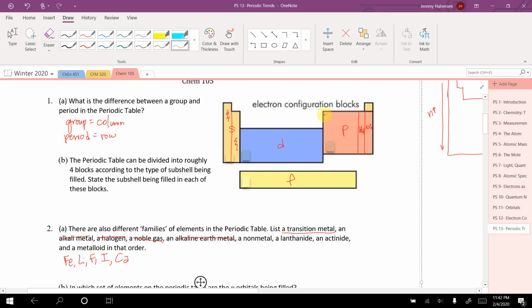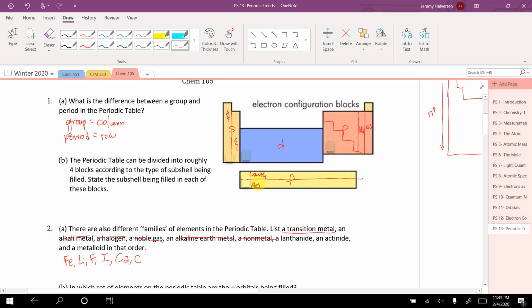Non-metal is, so we have this line right here. That's rough, but everything on this side is a non-metal. So I'm going to say carbon is a non-metal. Lanthanide, this is lanthanide.